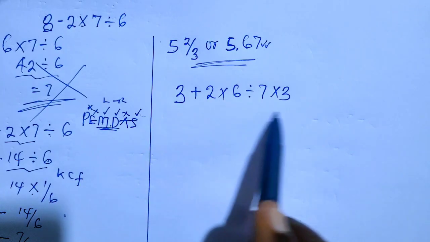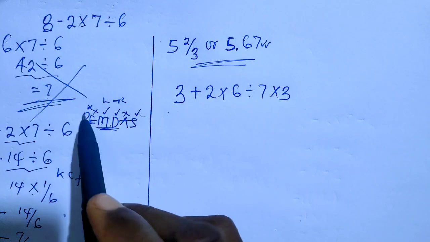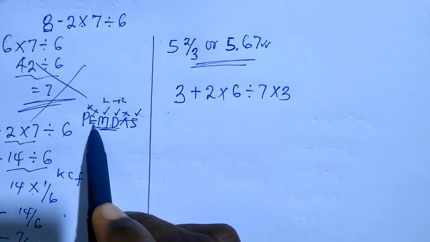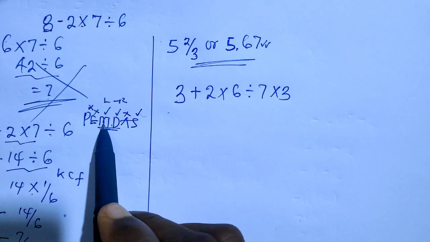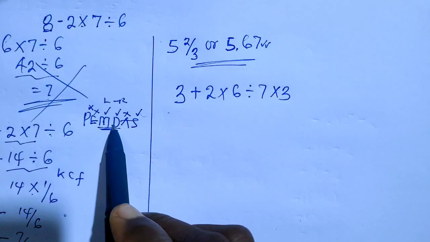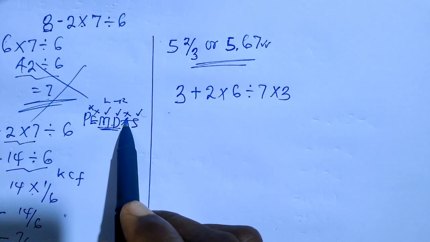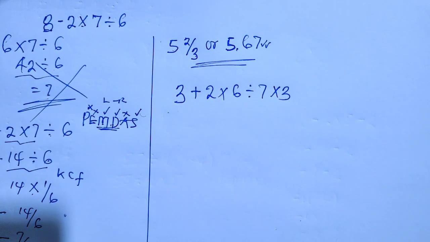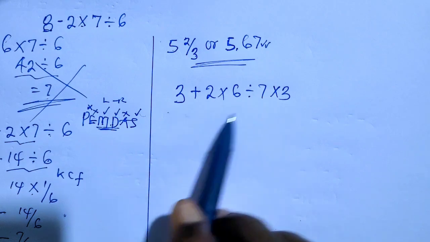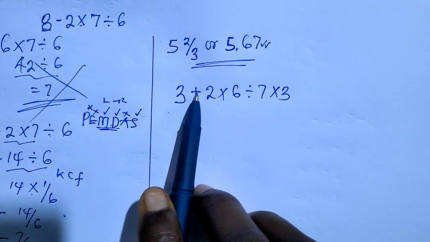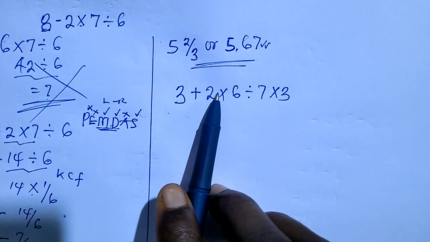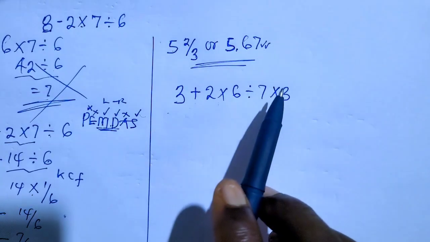Then from here, going through this expression, we don't have parentheses, we don't have exponents, we have multiplication, we have division, we have addition here, and we don't have subtraction. Then right here, we have addition, we have multiplication, we have division, we have multiplication here.